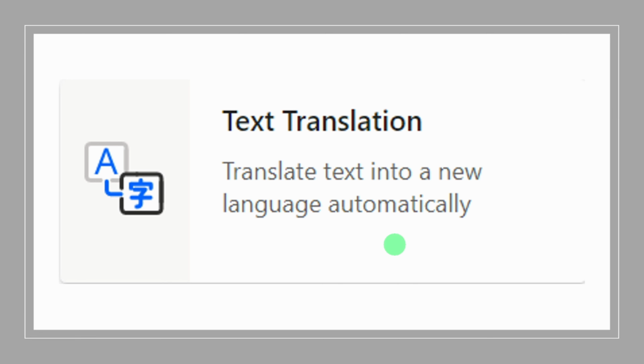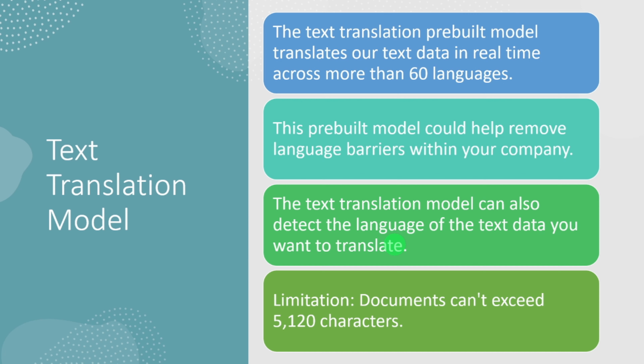Now let's talk about the text translation AI model in detail. The text translation pre-built model translates our text data in real time across more than 60 languages and it removes the language barrier within your organization. The text translation model can detect the language of the text data that you want to translate. Sometimes we do not know which language is being used in our statement.